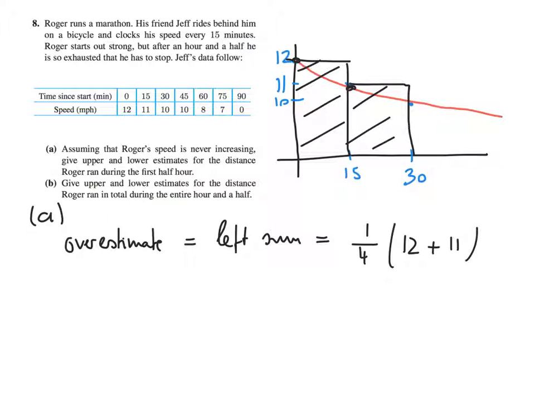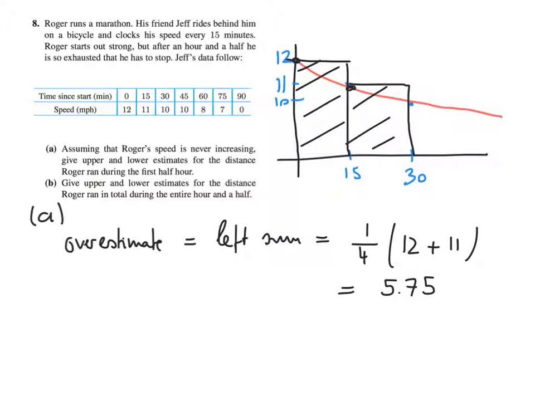Remember, since our units are miles per hour, and 15 minutes is a quarter of an hour, that's why it's 1/4 here. So 1/4 times 12 plus 11 would be 5.75 miles.